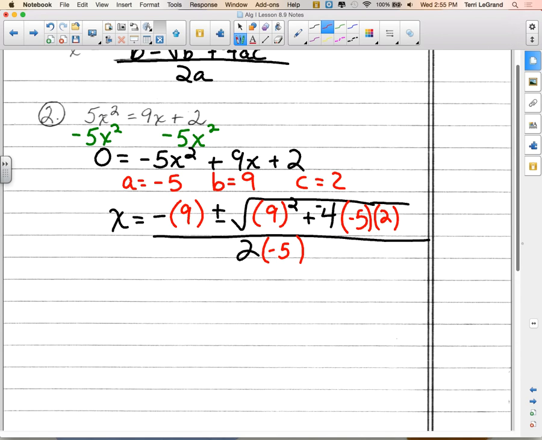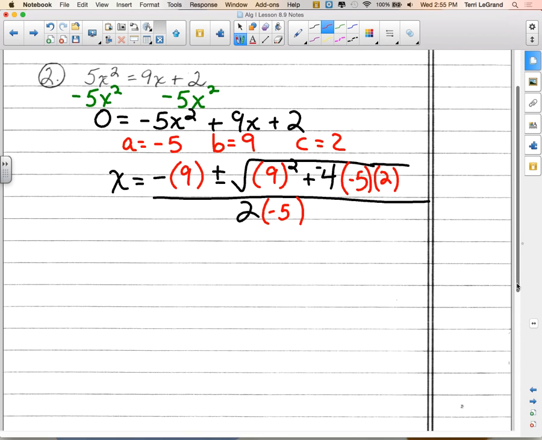Mine are written in red if you want to double check to make sure you did it right. In the next step, we get rid of all those parentheses, clean it up.